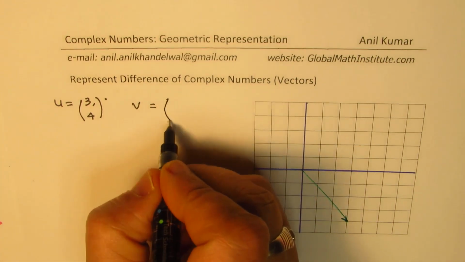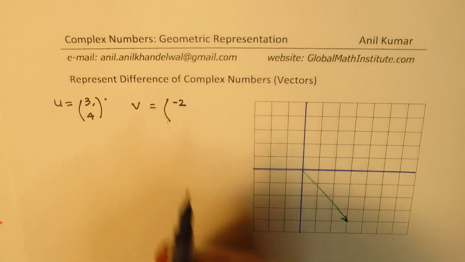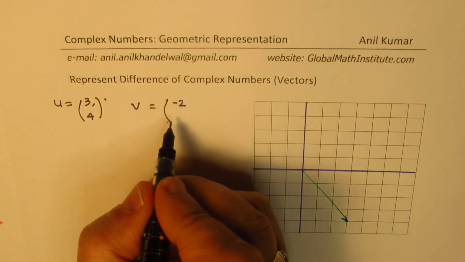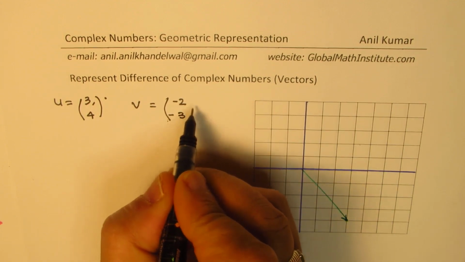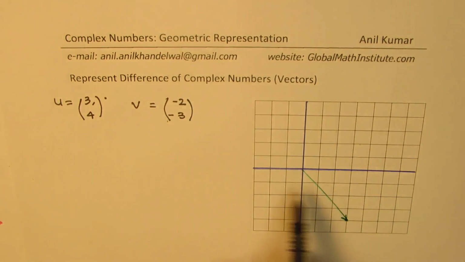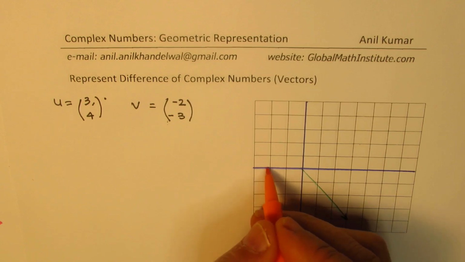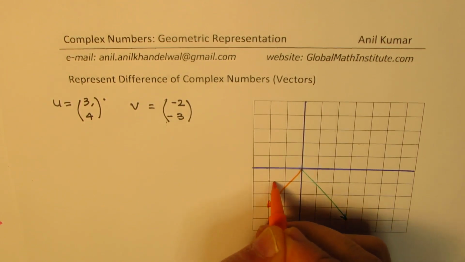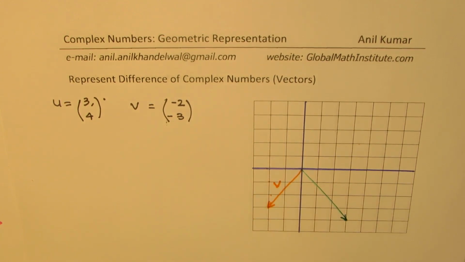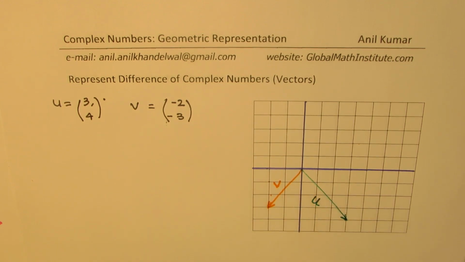So let's take this vector as, let's say, minus 2 minus 3. Okay, so I'm going with the space which I have. So vector v is minus 2 minus 3, which will be represented as minus 2 and minus 3. So that is vector v for us, correct? So we have vector u and vector v.